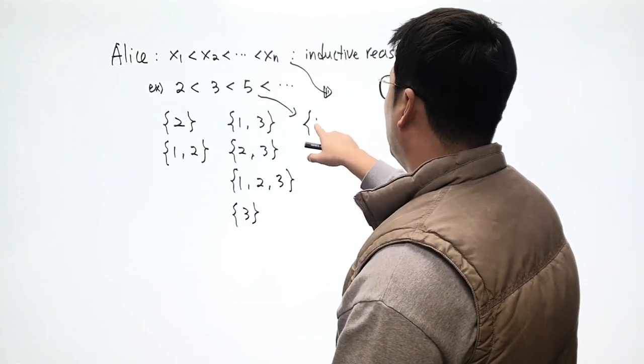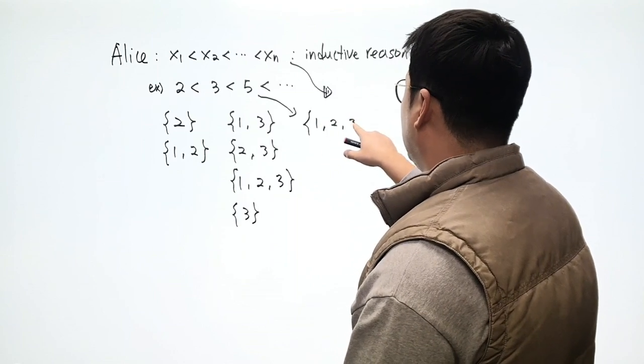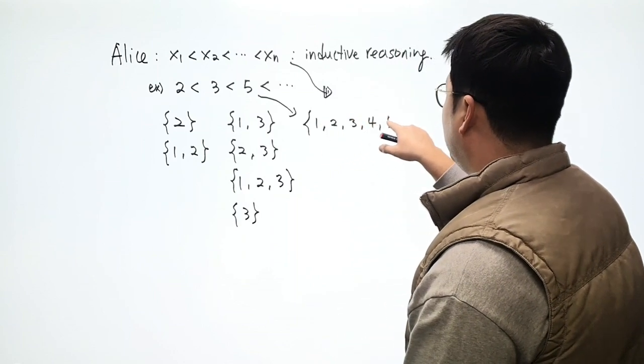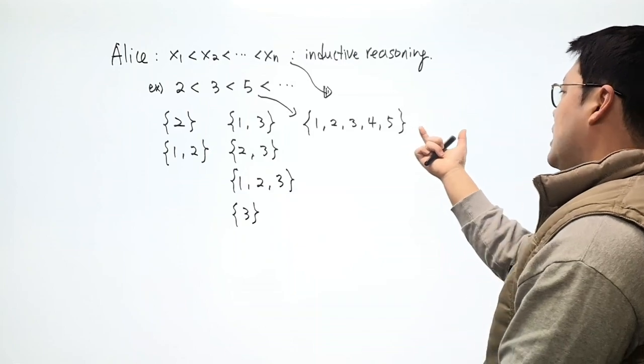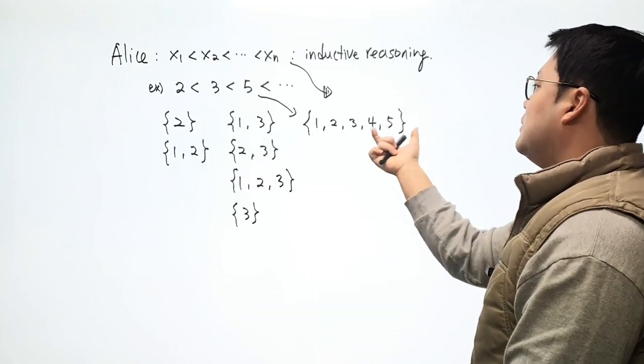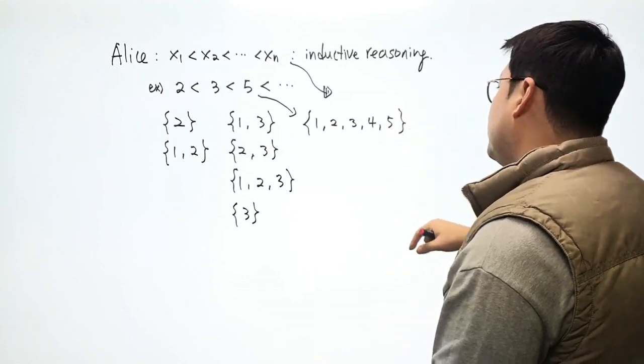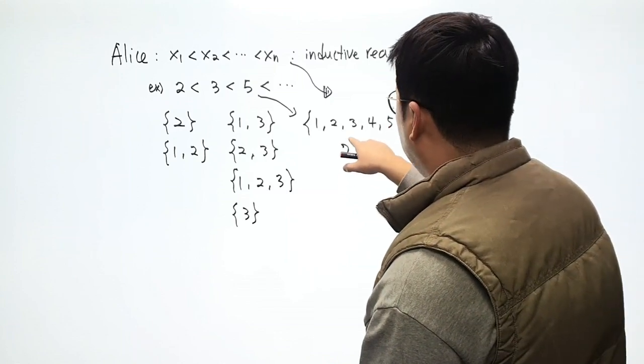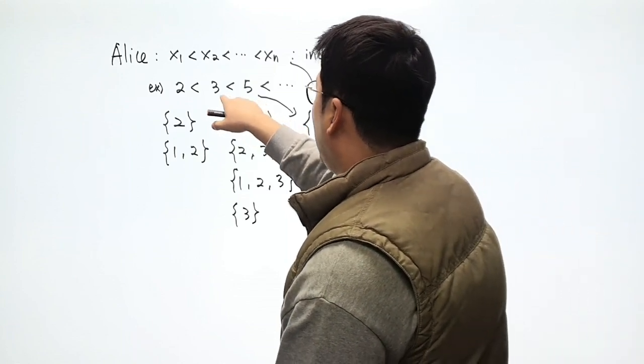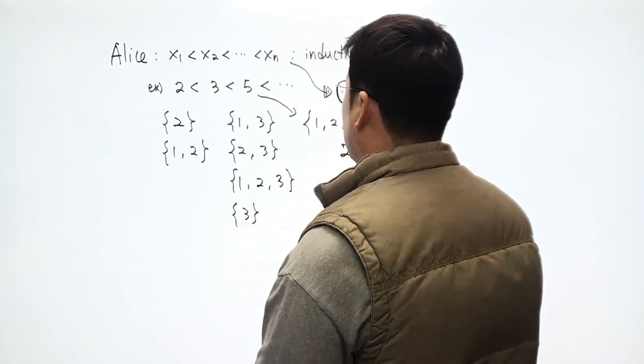All right, so that becomes 1 and 2 and 3 and 4 and 5. That's the maximal set that we can come up with such that its maximum value becomes 5, and we got 2 to the power of 4. So we have 2 to the power of 2 and 2 to the power of 1.